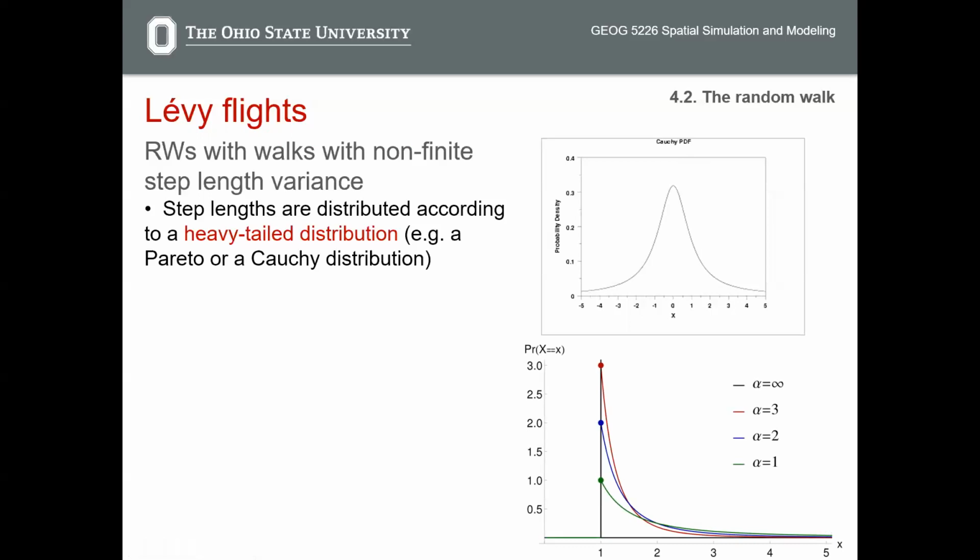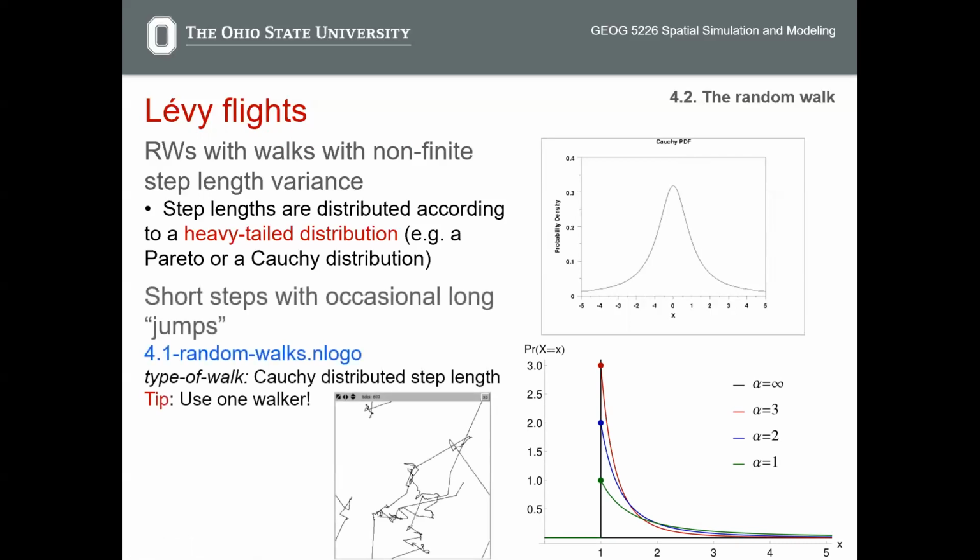You can use the Cauchy distribution, and here is another distribution, called the Pareto distribution. And what's the spatial pattern of a Levy flight random walk? Here is the result.